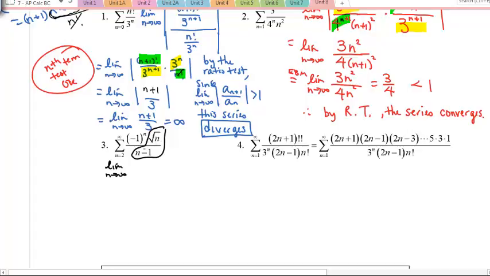So if I were to use the ratio test, it's the n plus 1 root over n plus 1 minus 1, which is just n. We're going to multiply by the reciprocal, which is just n minus 1 over root n.